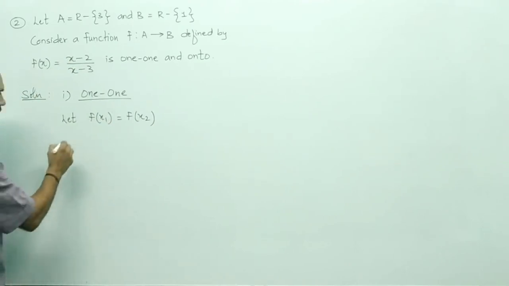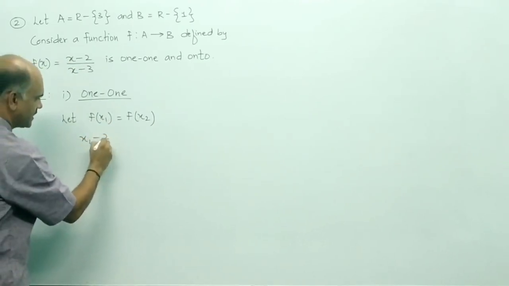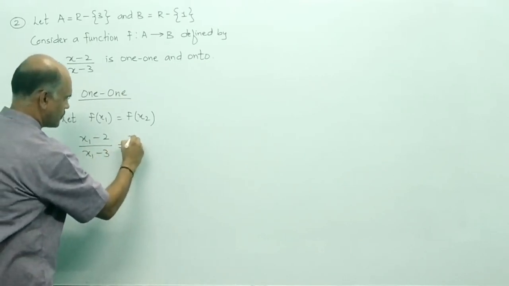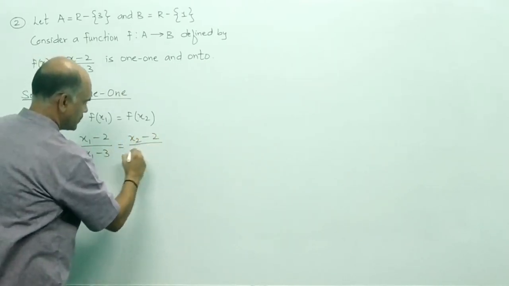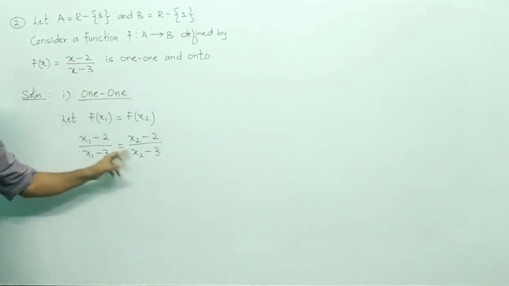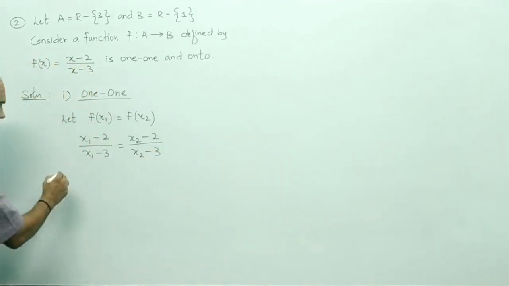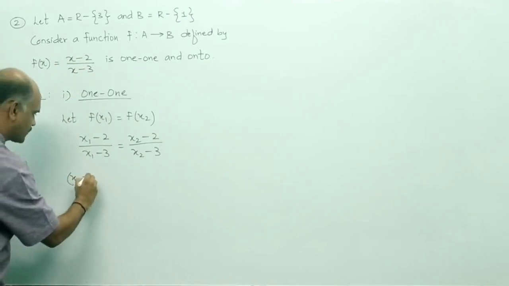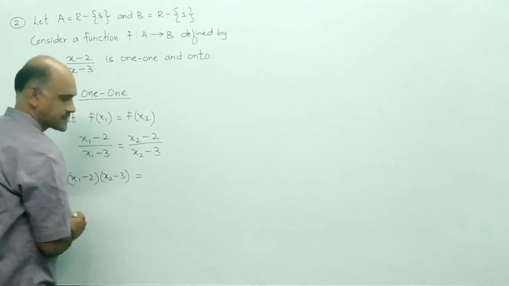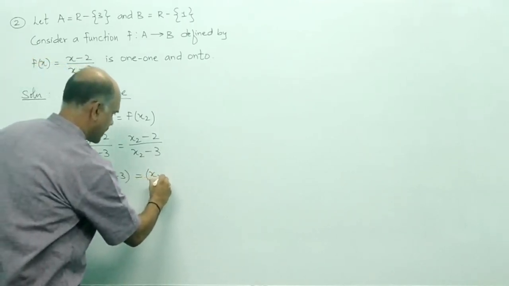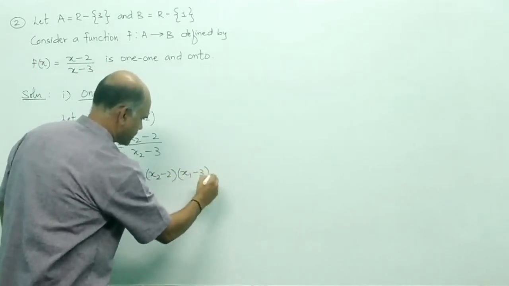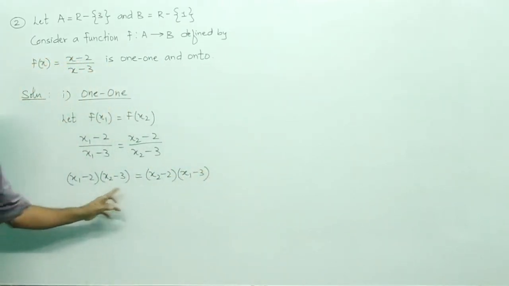So you will have (x1 minus 2) divided by (x1 minus 3) is equal to (x2 minus 2) divided by (x2 minus 3). Now cross multiply. So if I cross multiply, (x1 minus 2) into (x2 minus 3) is equal to (x2 minus 2) into (x1 minus 3).